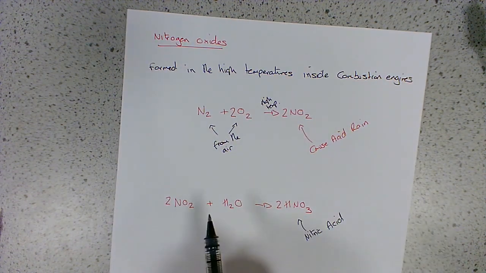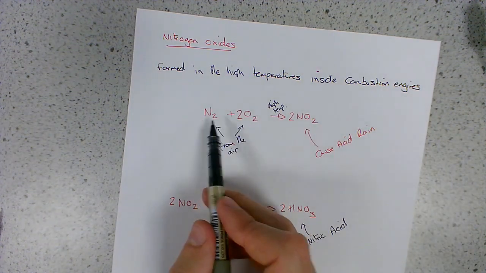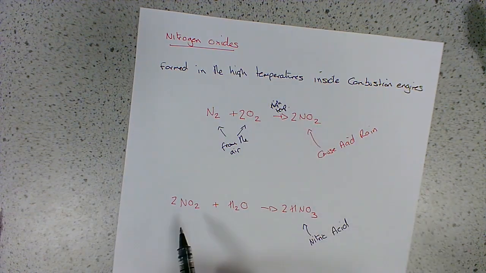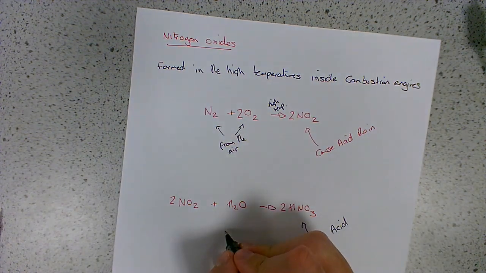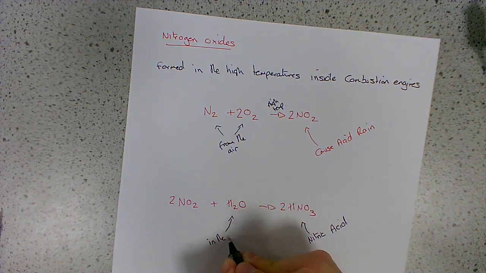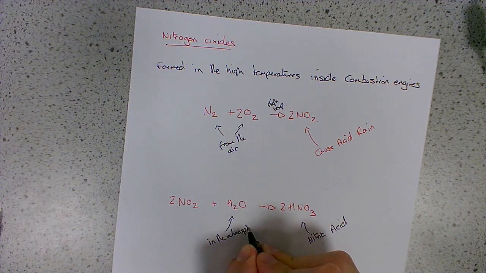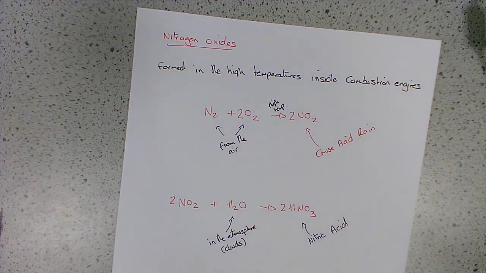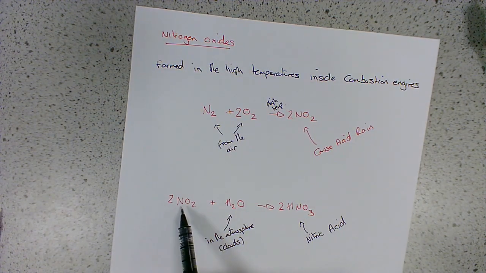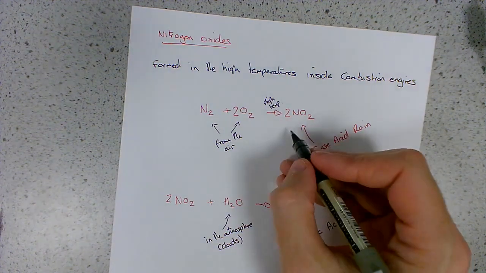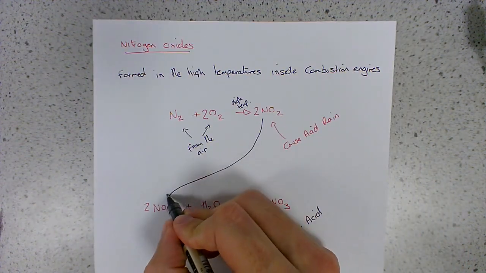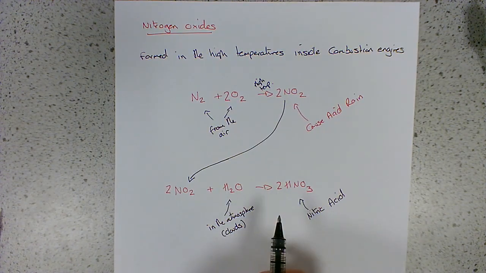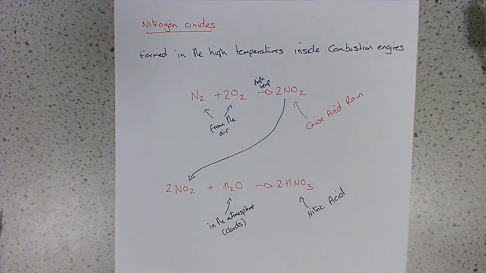So our NO2 that has come from the nitrogen and oxygen reacting in the high temperature of a combustion engine, that NO2 then reacts with the water vapor in the atmosphere, basically clouds. Clouds are water vapor, and the NO2 that's been produced in our combustion engine combines with the water to form nitric acid, and this is our acid rain.